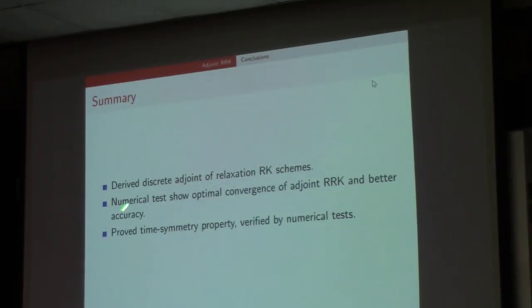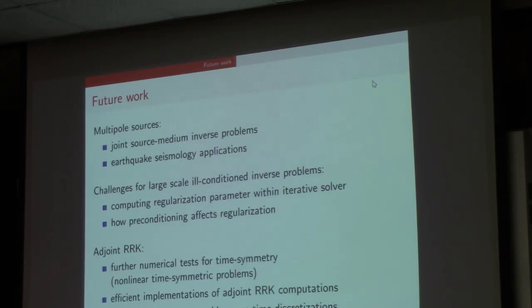So in summary, we derived discrete adjoint relaxation formulas. We demonstrated, at least numerically, that these methods are consistent with optimal convergence order. I didn't have results on this in the presentation, but they also satisfy a time symmetry property, which is important in some contexts.